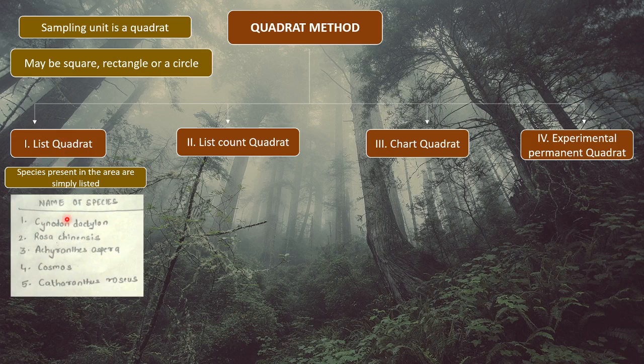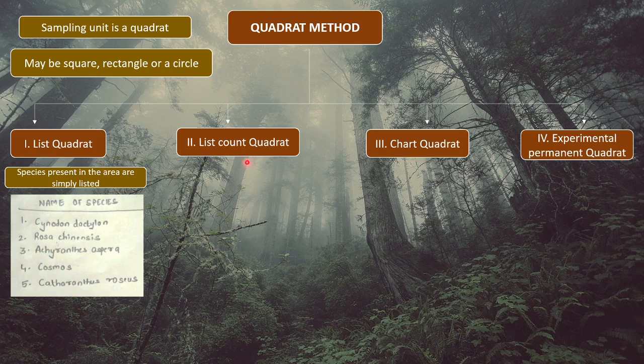Say for example, in an area we found that there is Cynodon dactylon present. Okay, I list it down. Then I list down the second species, then the third species, then the fourth species, and like this I can keep on listing the species present there. This is called the list quadrat method, where I only give the list of the species.